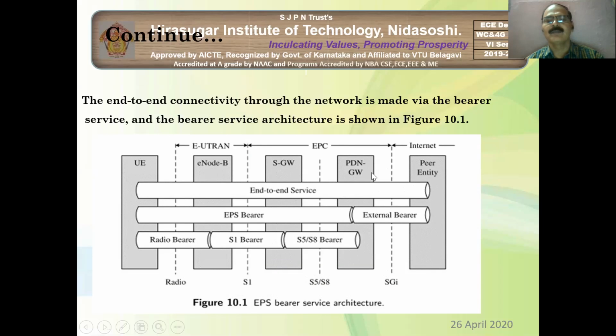From the PDN gateway to the peer entity means everything external, the internet, will come. This is called the external peer. The server may be somewhere else, but we call that the external peer. Up to this point, the PDN gateway will give us data from outside.